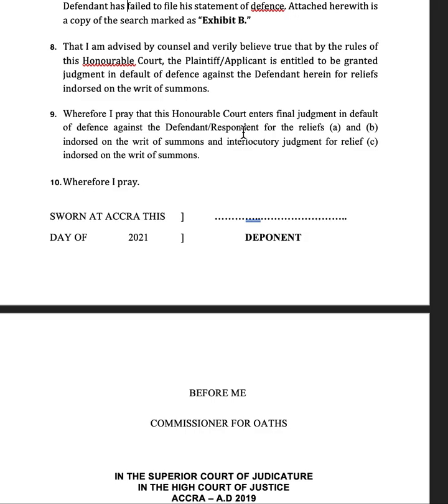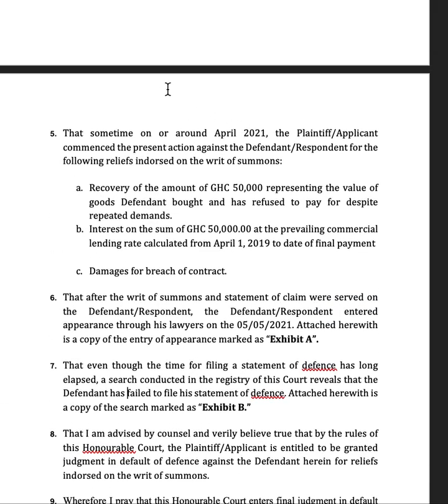Then paragraph 9. Wherefore I pray that this honorable court enters final judgment in default of defense against the defendant respondent for the reliefs A and B endorsed on the writ of summons. What's the relief A and B? Relief A is recovery of the amount over here.